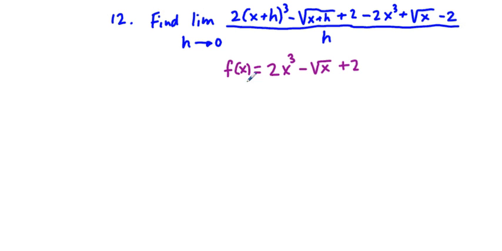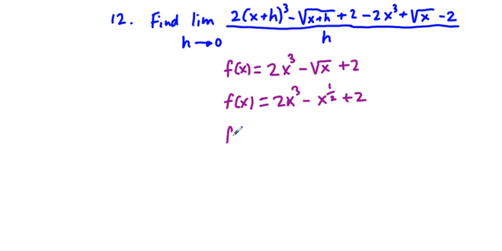And so the limit as h approaches 0 is going to be the first derivative of this guy here. So we're going to rewrite this function as f of x equals 2x cubed minus x to the 1/2 power plus 2.